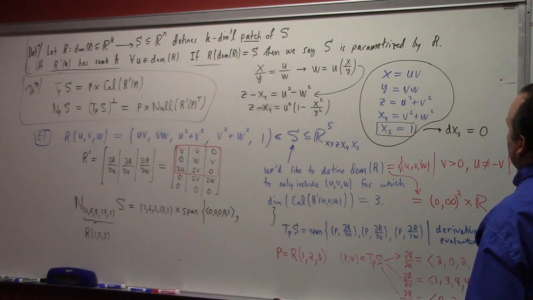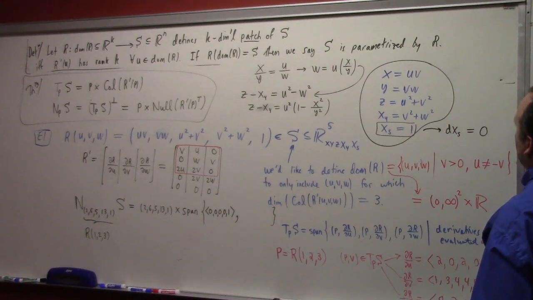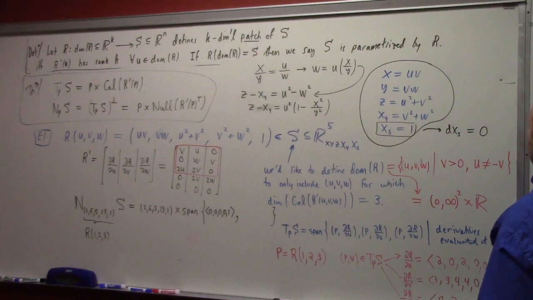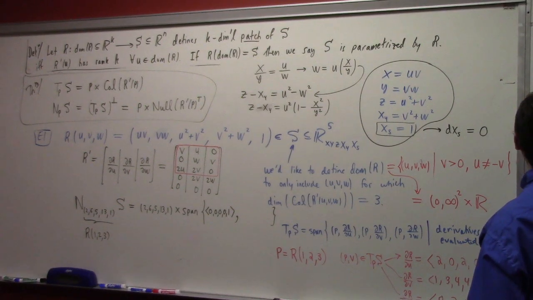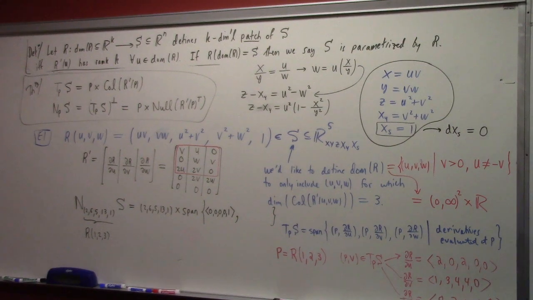Let's see here, xy is uw v squared, and that is equal to uw, v squared is z minus u squared.